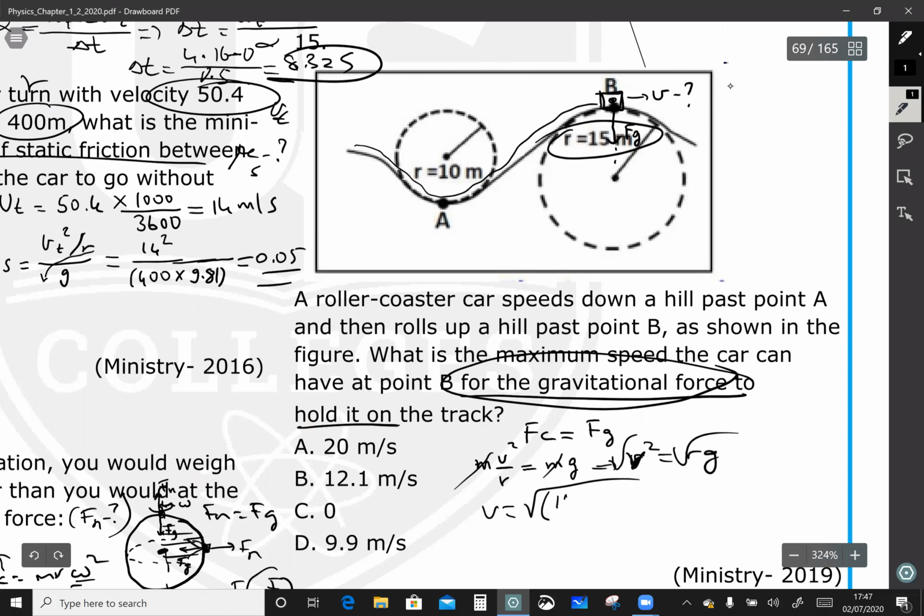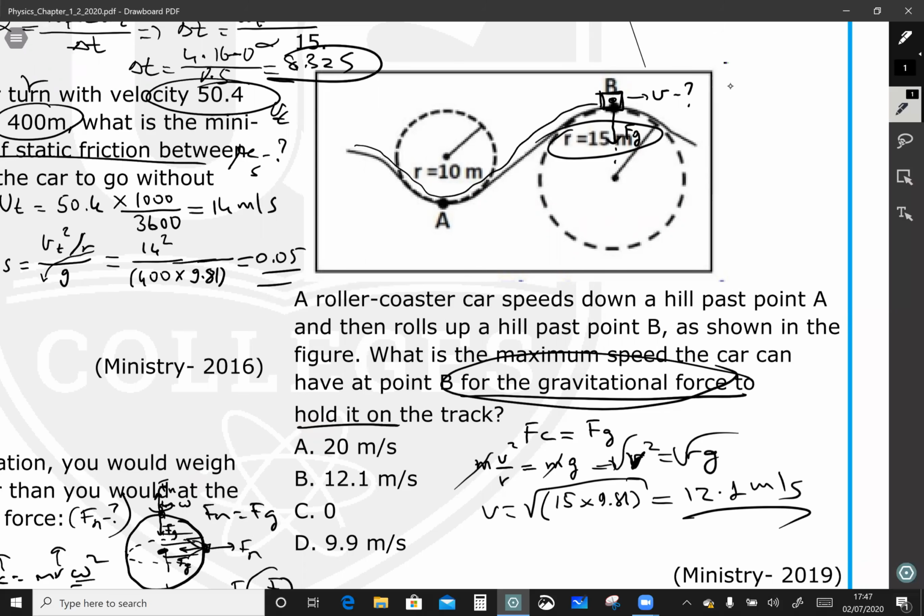R is known, 15 meters, and g is 9.81. Root of (15 multiplied by 9.81) gives 12.1 meters per second. This means the car can go safely through this point with a speed of 12.1.